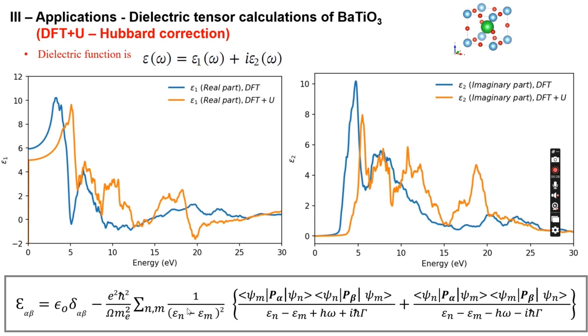Basically, this band gap affects the onset of the imaginary part of the dielectric function, as shown here, as well as the value of the dielectric constant at 0 frequency, as shown here from the real part. And it's obvious that the DFT underestimates the value of the band gap compared to the DFT+U approach, which gives the value that's comparable to the experimental measurements.